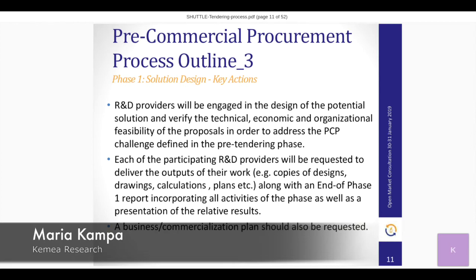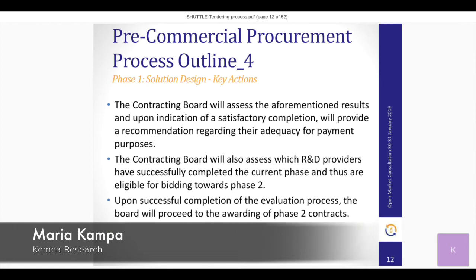Also, in phase 1, a business commercialization plan will be requested. The contracting authority will assess the results that were mentioned before, and upon indication of a satisfactory completion, it will provide a recommendation regarding their adequacy for payment purposes.